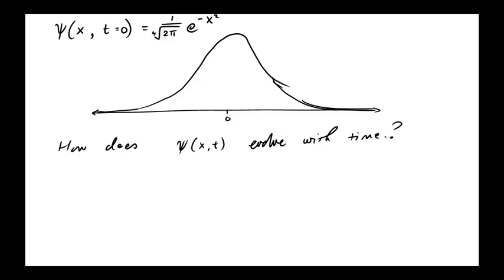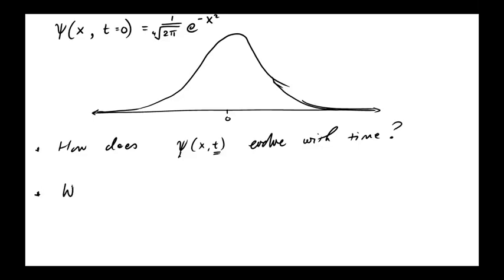In other words, we want to figure out for some general value of t, what does psi of x, t look like? So we want to understand how this wave function changes as a function of time.